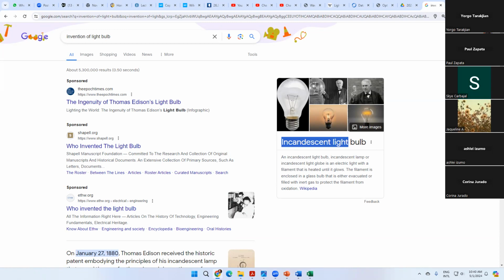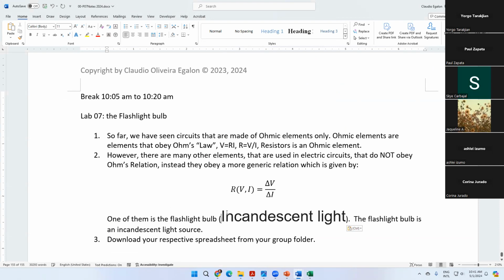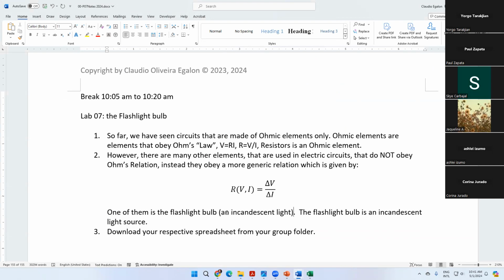The flashlight bulb is an incandescent. One of them is the flashlight bulb, an incandescent light source. I've just written it here.